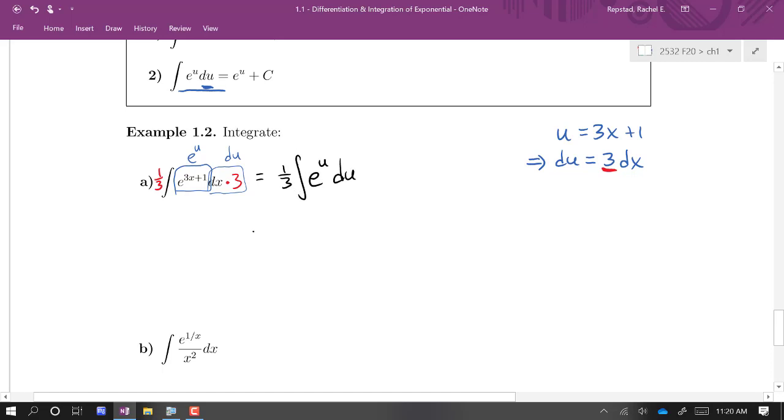Now that we've written it with u's, the integral is simple. The integral of e to the u is e to the u plus a constant. And now there's just one step left, which is I got to put that expression for u back in. I got to put the x's back in. So 1/3 e to the 3x plus 1 plus a constant.